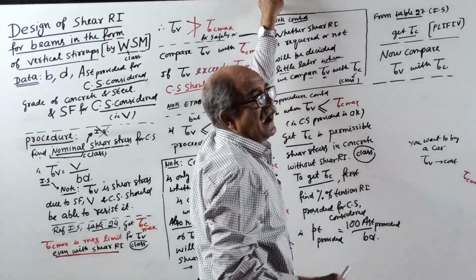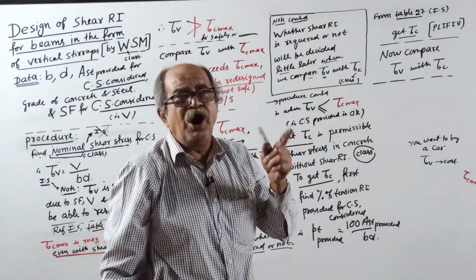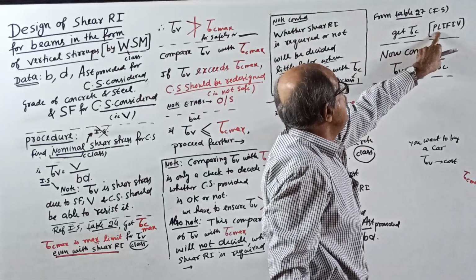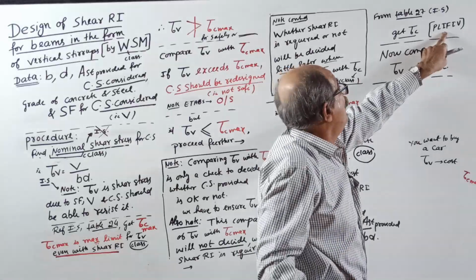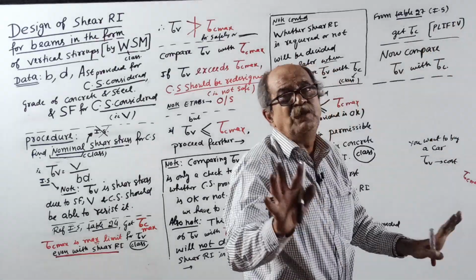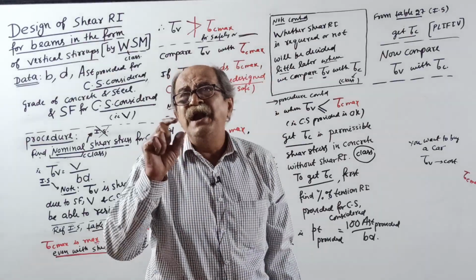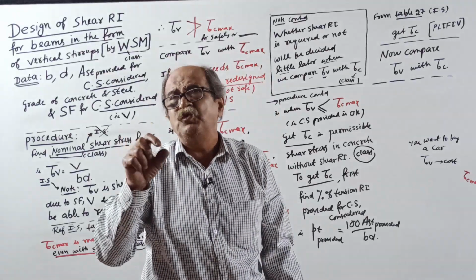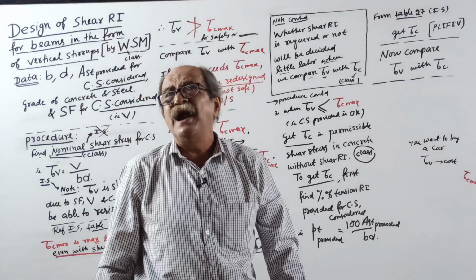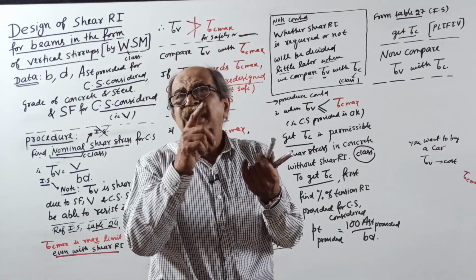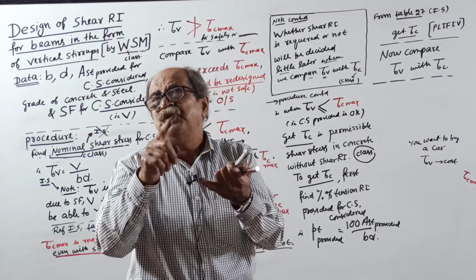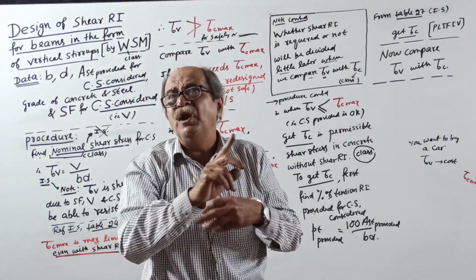Perform linear interpolation for intermediate values. The IS code has given values for 0.25, 0.5, 0.75, 1, etc. Suppose you get 0.63. What do you do? See how much for 0.5, how much for 0.75, and interpolate linearly.